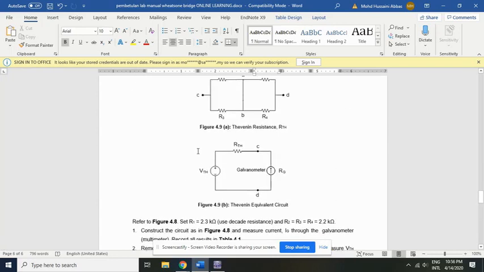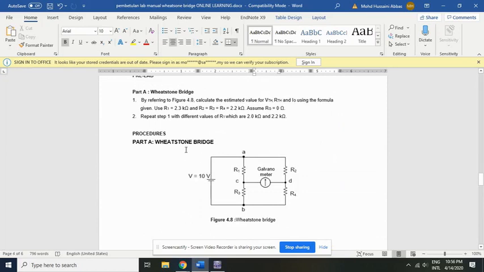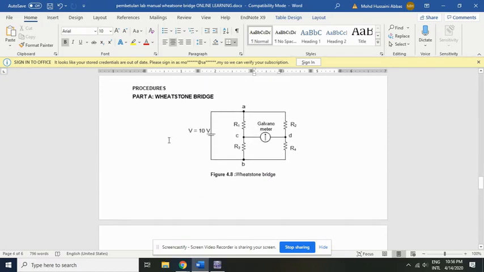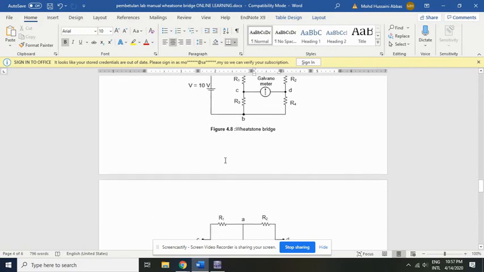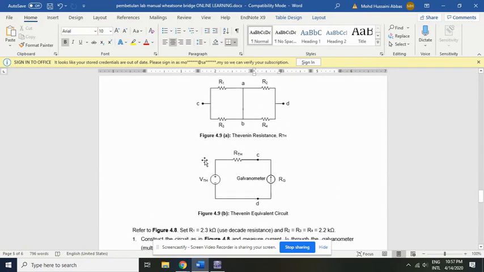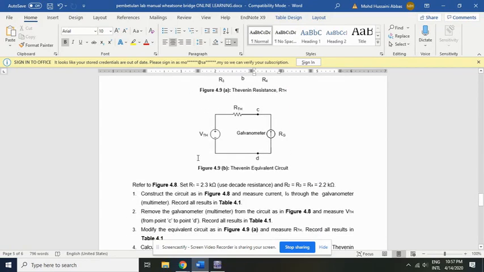Now we're going to continue with our procedure in part A, where we have the Wheatstone bridge. I hope you already have your lab manual, so you can refer to your lab manual when you are watching this video.